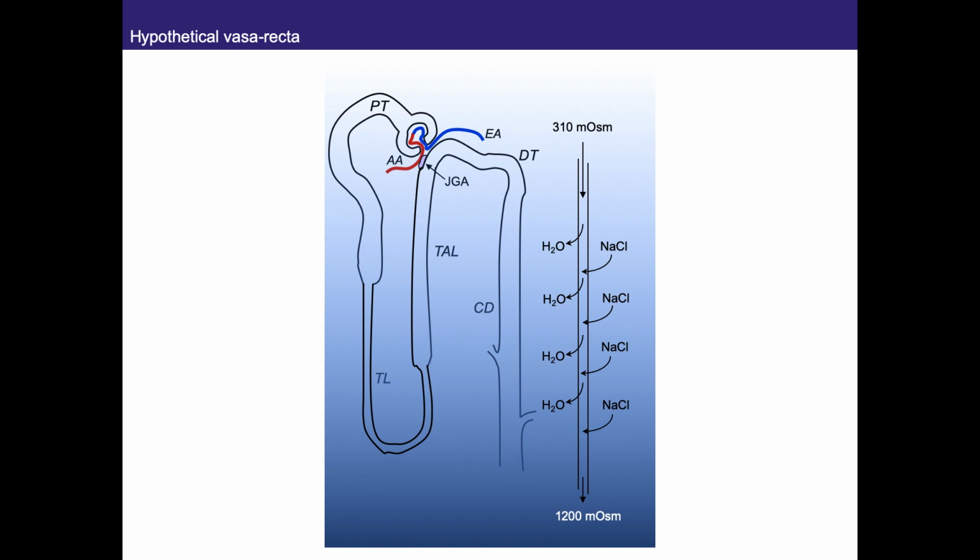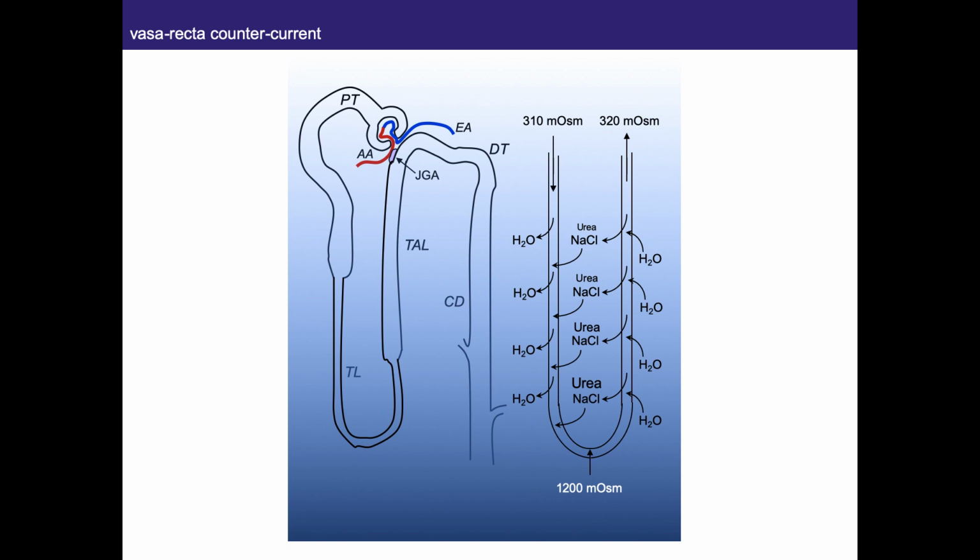So instead, it's organized this way, so it maintains the osmotic gradient. You take up salt, but then you get rid of salt on the way up. It's called a countercurrent exchanger, to help maintain that osmotic gradient that's established by the loop of Henle. Good question, because that's the heart of this entire concept.